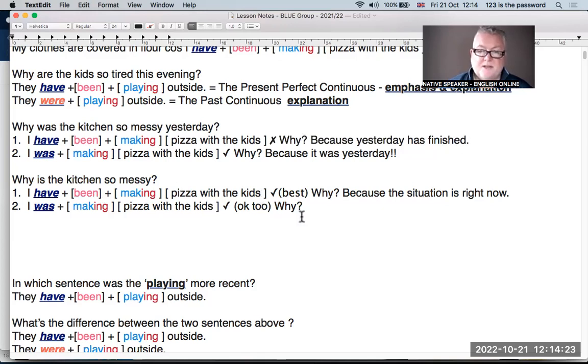What's the difference between these two? When were you making pizza with the kids?